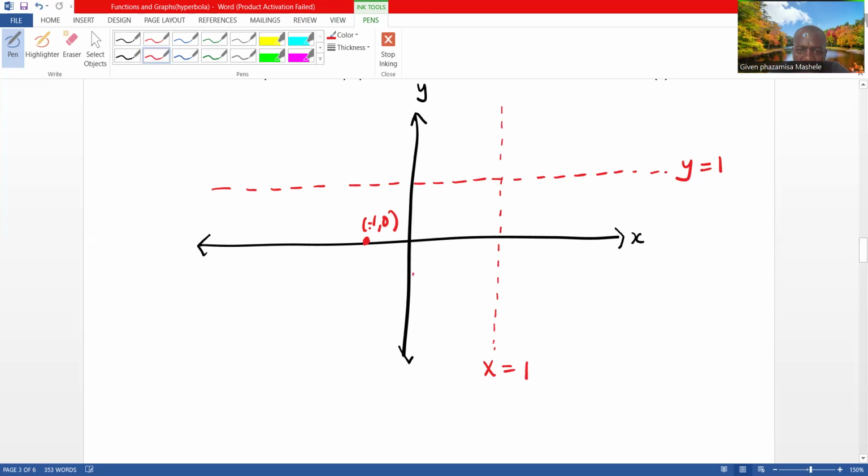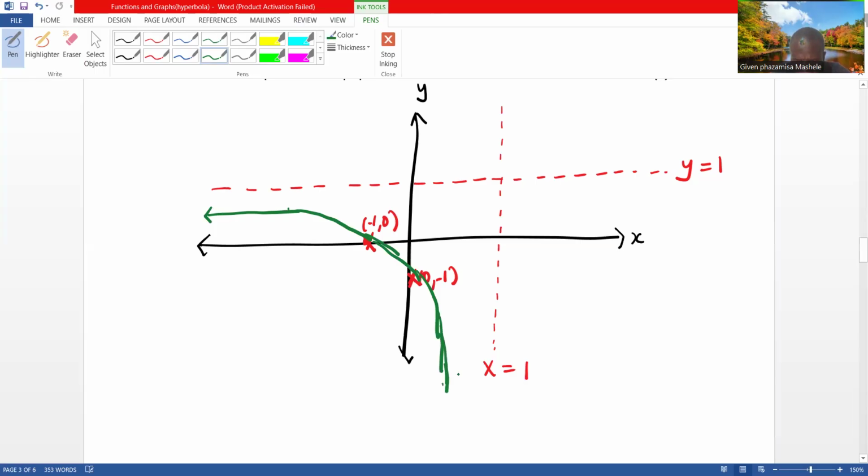We know that when we are drawing a hyperbola, the graph must move parallel to the asymptote. So the graph will look like this. It must pass through these points, and yet it must move parallel to the asymptote.